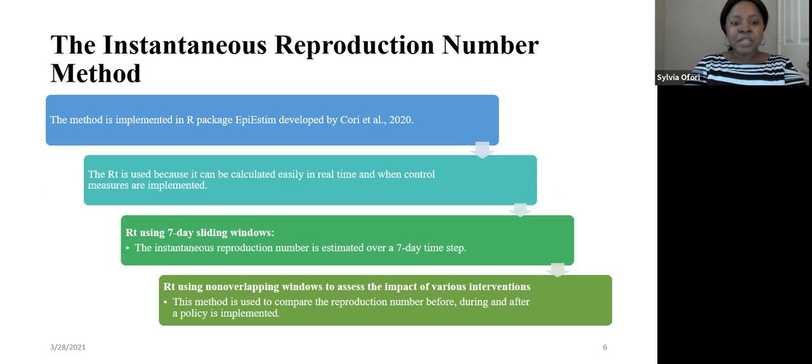So two sub-methods are being used. I'll use the 7-day sliding windows method, which assumes that the Rt is constant between each 7-day period. And to find out how the interventions affected the Rt, I'll use the non-overlapping windows method.